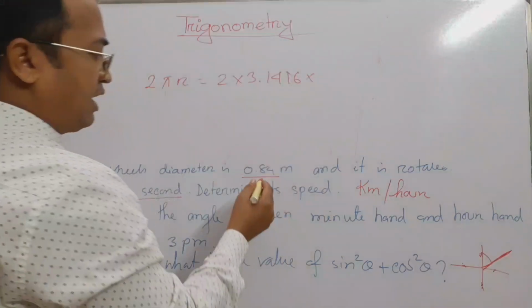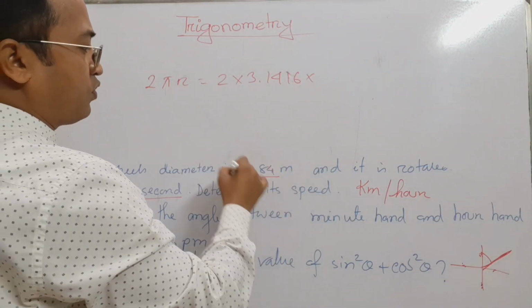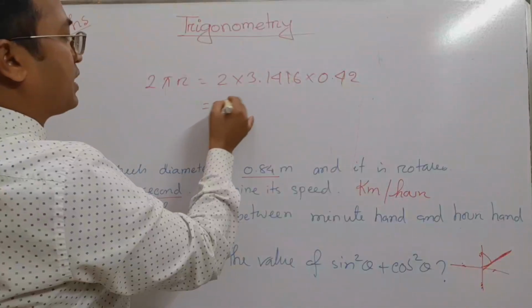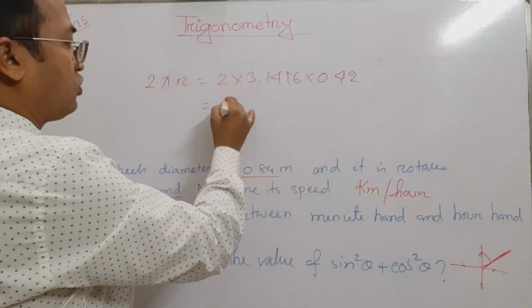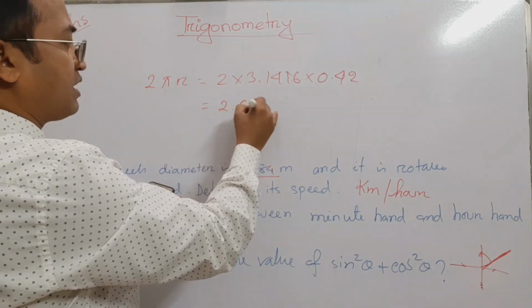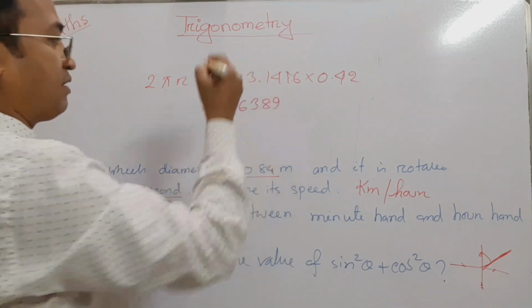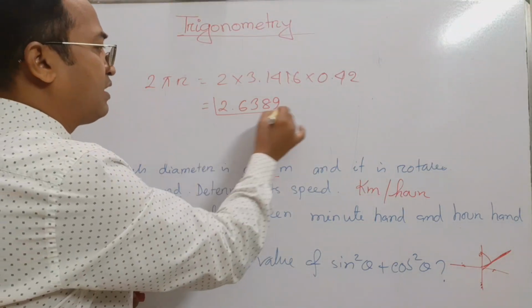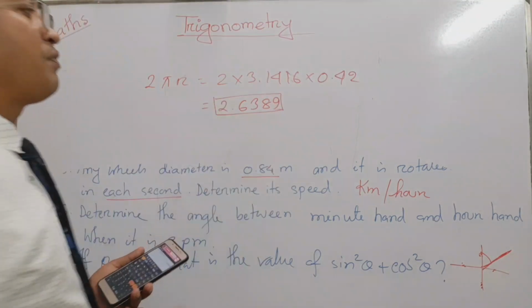Here 2 into 3.1416 into r. R is 0.42. If you multiply, you will get 2.6389. So this is the circumference of the wheel.